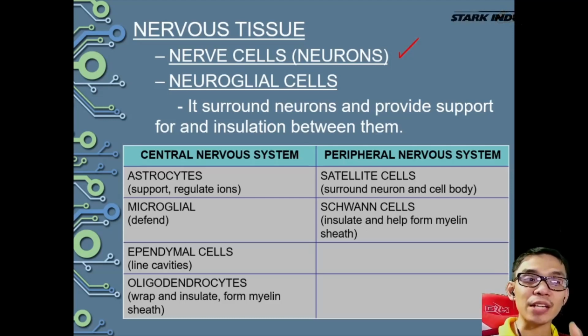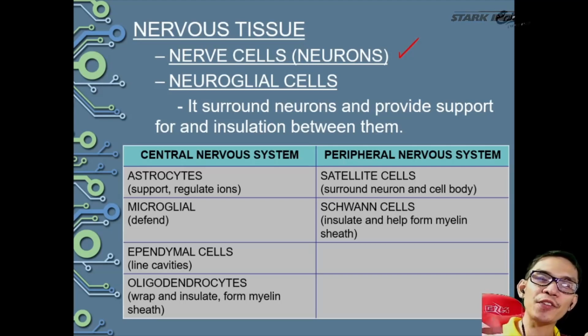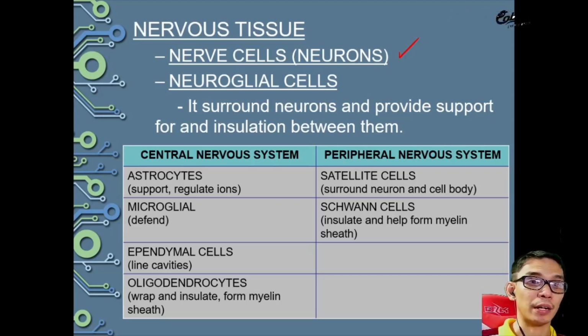Depending on the region in the nervous system, there are different kinds of glial cells, and since there are different kinds, they also have different functions. But they revolve around support and insulation.